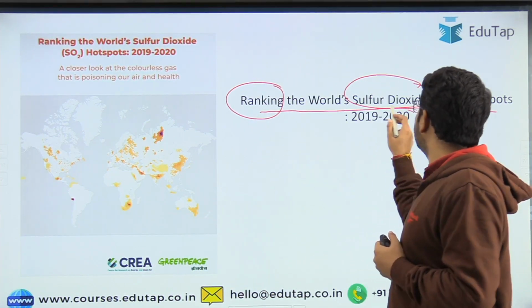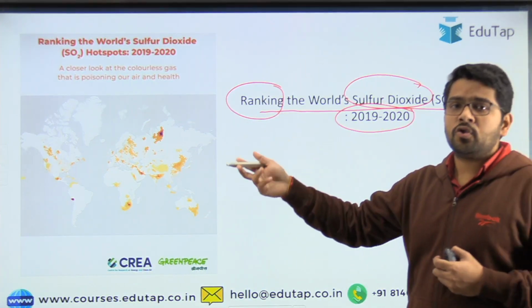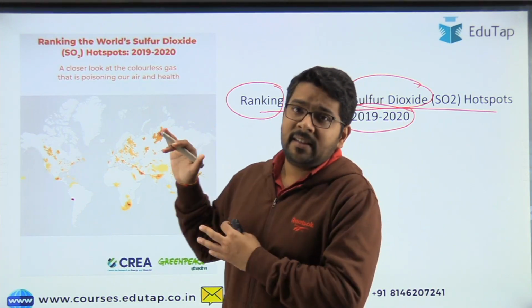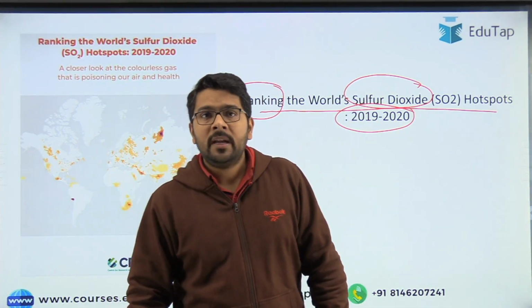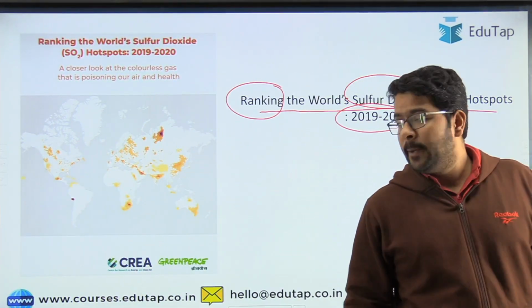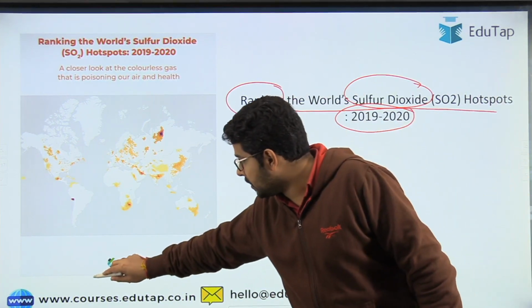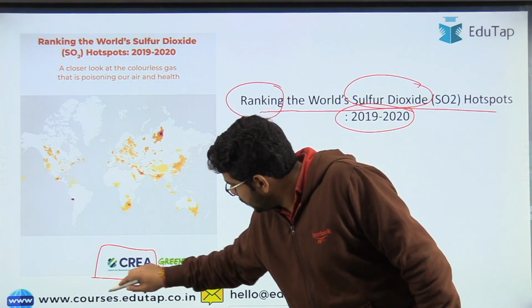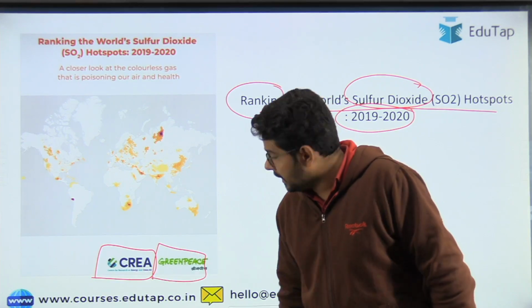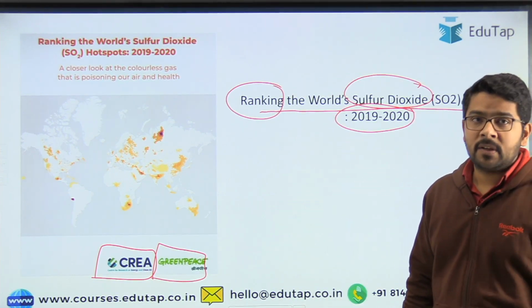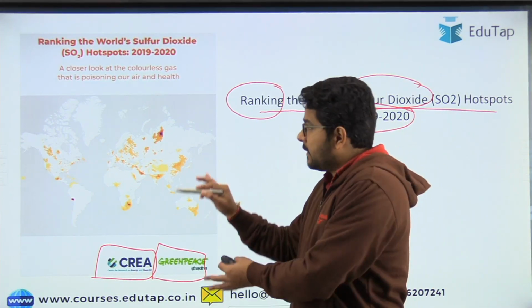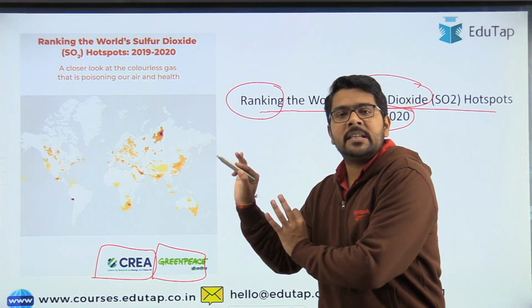And if you see the year mentioned, it is the previous year, so we can say that this report is analyzing the previous year's data. Now in the picture, there are two agencies mentioned, CREA and Greenpeace. So I think these two agencies are responsible for creating this report.